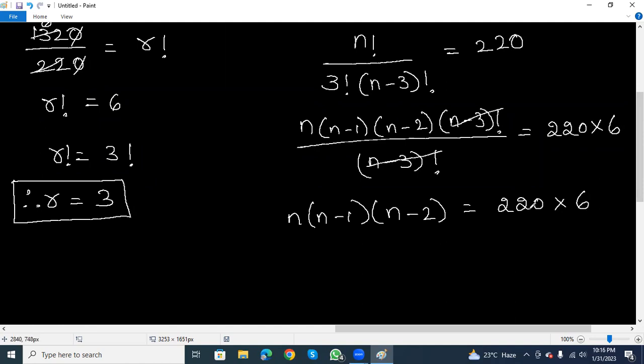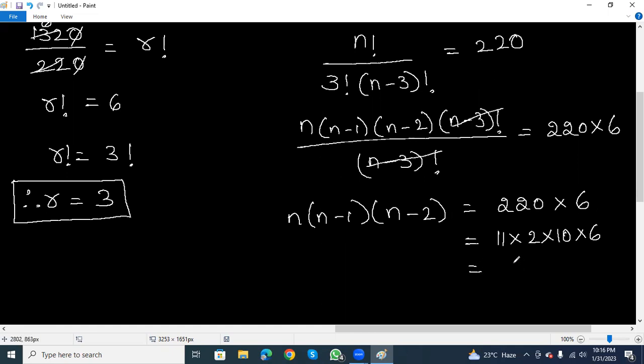Now what do we have to do? This 220 into 6, we need to write as a product of 3 consecutive numbers, because n, n minus 1, n minus 2 are 3 consecutive numbers. Let's factorize this. We can write 11 twos are 22, so 11 into 2 into 10 into 6.